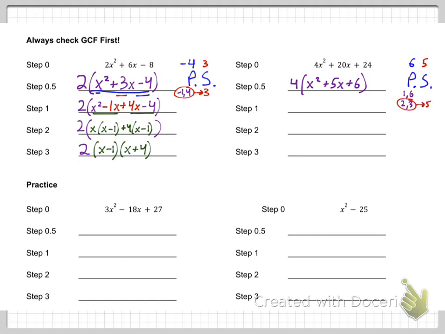That's much faster than if you had to do product is 4 times 24, which is over, let's see, it's 96. That would be much more difficult than a product of 6. Now, split 5x into 2x and 3x. Find the GCF of each of those parts and write down the factors.